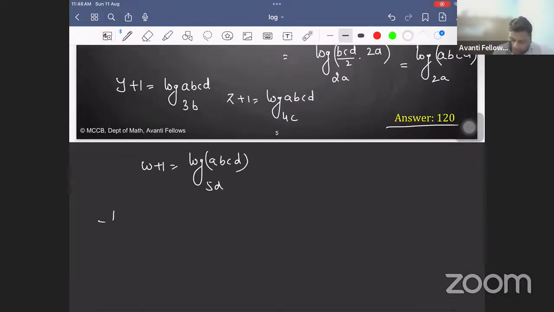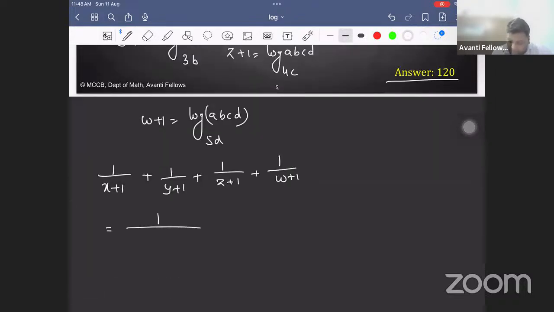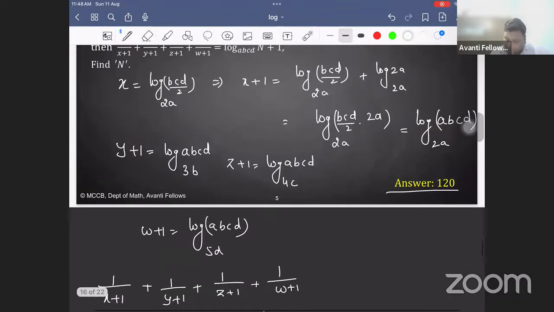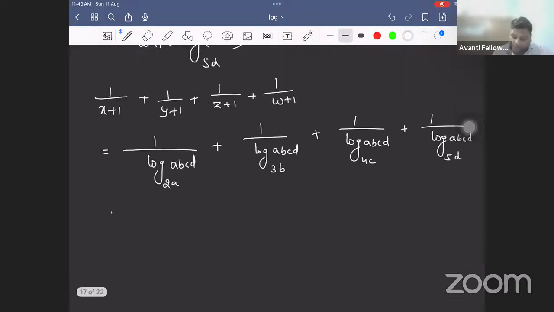Now they are asking for the value of 1 upon X plus 1 plus 1 upon Y plus 1 plus 1 upon Z plus 1 plus 1 upon W plus 1. So 1 upon X plus 1 is 1 upon log ABCD base 2A. 1 upon Y plus 1 is 1 upon log ABCD base 3B. 1 upon log ABCD base 4C. 1 upon log ABCD base 5D.